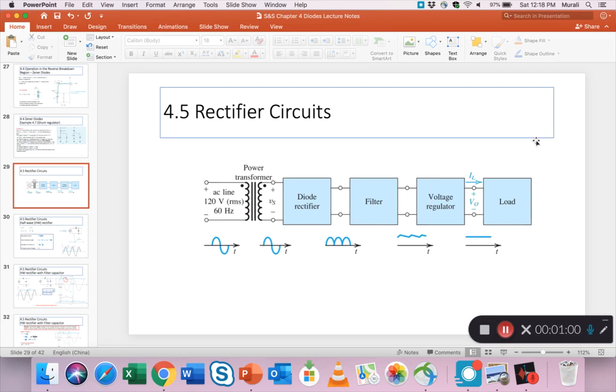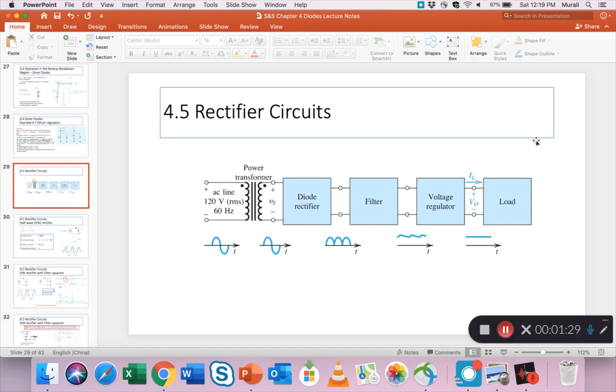So most of what I want to cover in this recording is the theory behind rectifier circuits. The next recording will be to look at problems, mostly on rectifiers, and with that we actually finish this chapter 4, diodes, and move on to the next chapter in the next recordings.